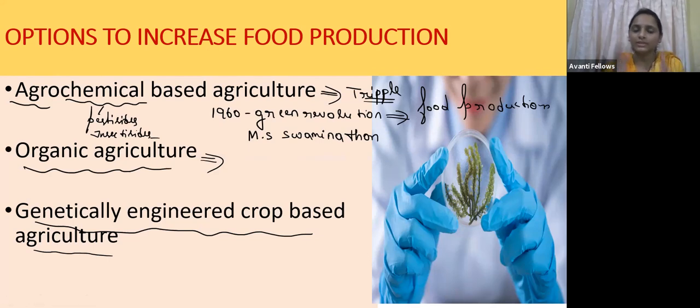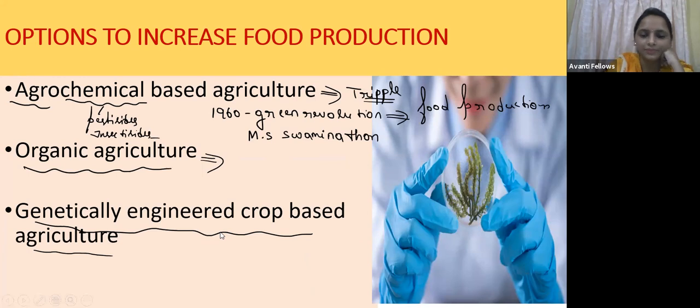And how are we going to increase food production? By adding insect resistance and pest resistance genes. So the plants will easily overcome the pests, and it is going to increase food production. So crop yield will be increased by this method.